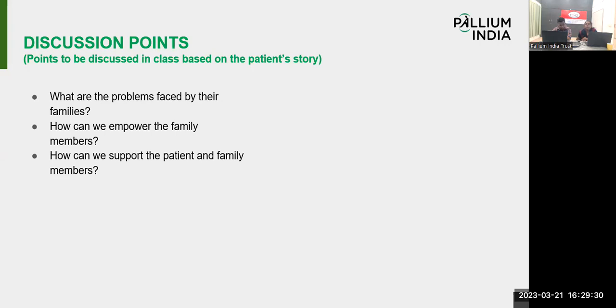So a lot of problems. He has 3 sons, and they all are willing to take care of this person. They are trying to give proper care to their father. So here we need to discuss what are the extra points we need to tell to Shanti ma'am to take care of this patient.